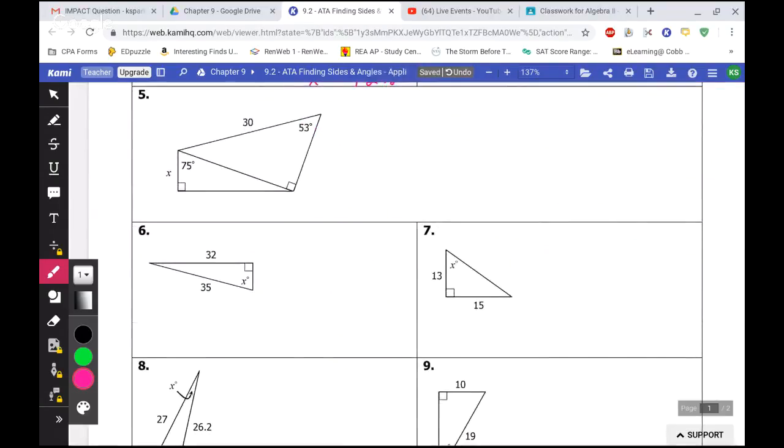All right. Number 5. We don't have enough information right off the bat to get x. So what we need to do is look for the length of the side that the triangles share. So I'm just going to give it the label y. Because I know you're thinking in your head, why do I have to do that?